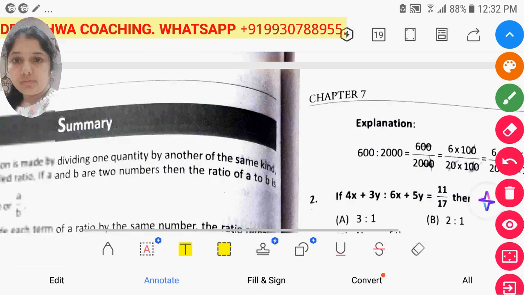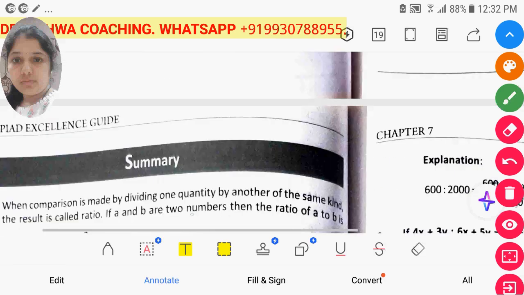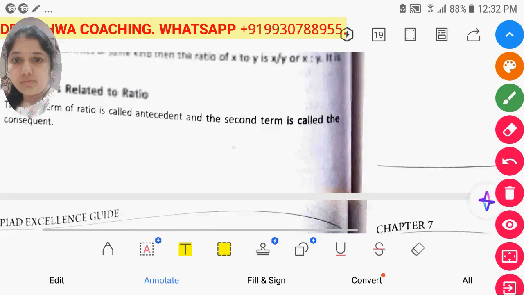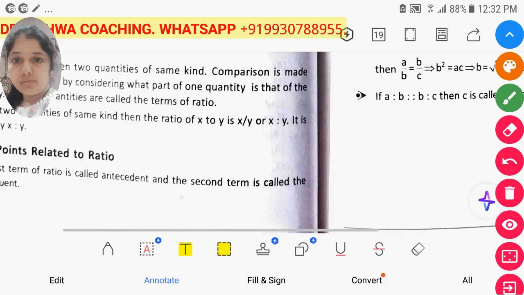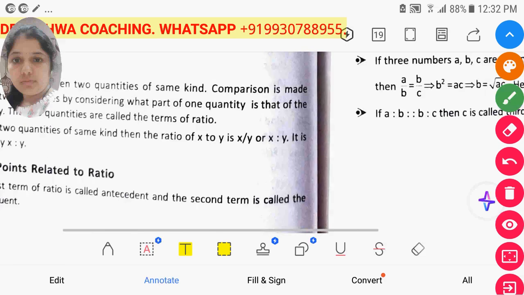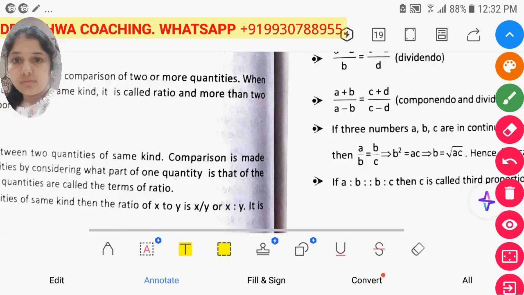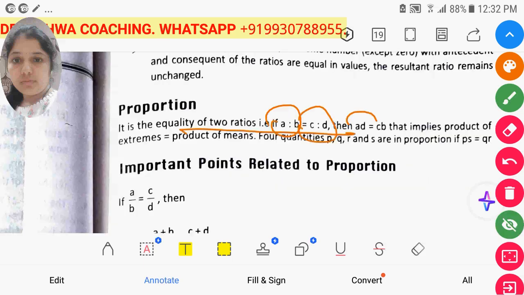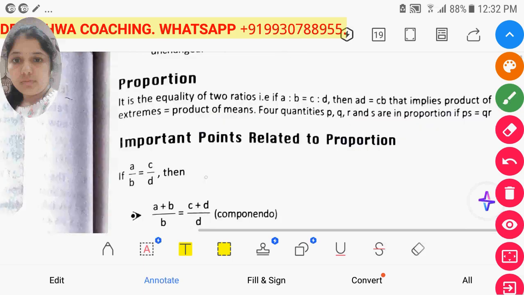So by this equality test, or say property, we can write 17 multiplied by 4x plus 3y equals 11 multiplied by 6x plus 5y. Now bring the same variable to one side and constant to one side, arrange it, and you get the value of x as to y.